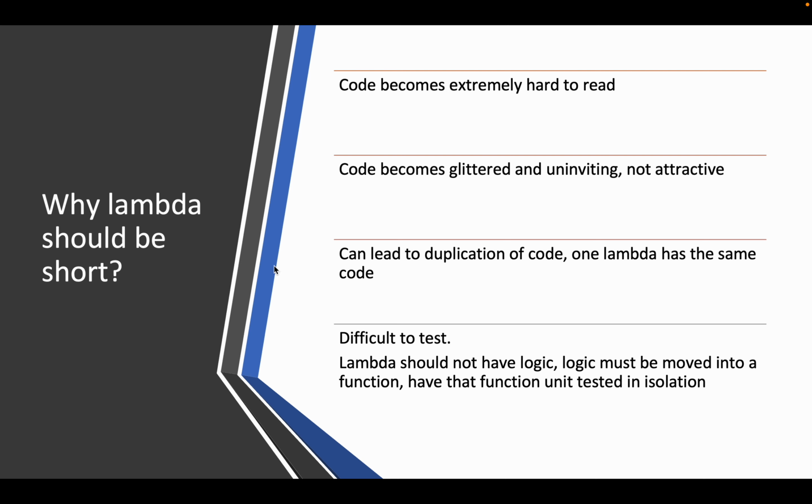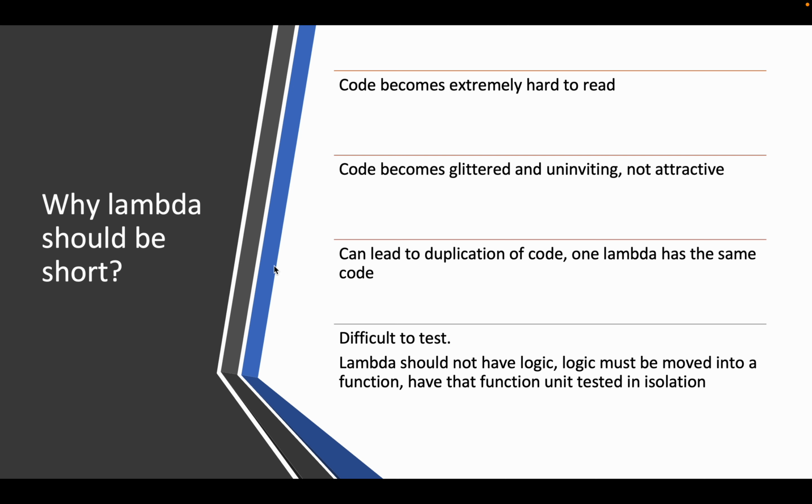Then we see that if your lambda is not short, it can lead to duplication of code, where you find that one lambda has the same code as the other one. But if you have taken that code outside and include it into that particular expression, it becomes even easier for reuse.